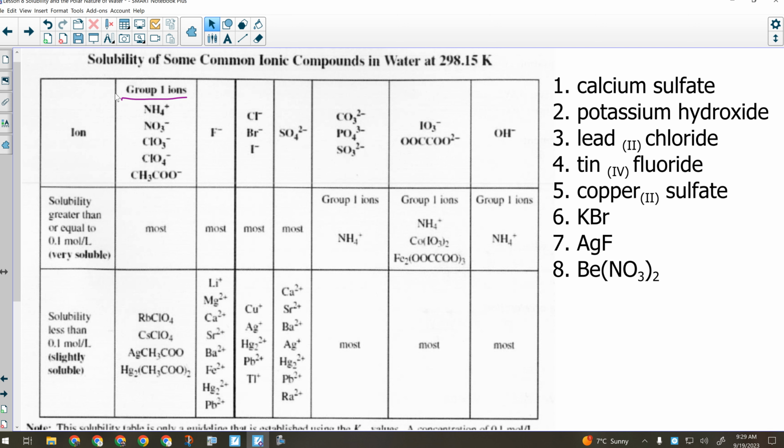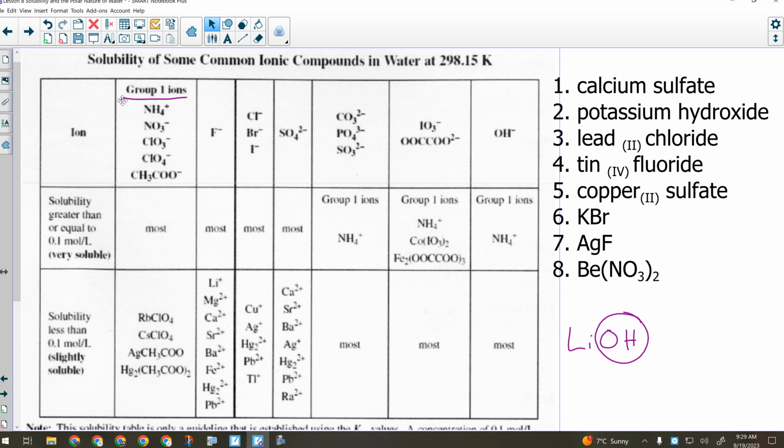Okay, so let's say I've got lithium hydroxide, and I want to figure out whether that's soluble or not. So what I do is I find the non-metal part, or the negatively charged part, up here. I can see that OH, hydroxide, is way over here on the far end of the table.